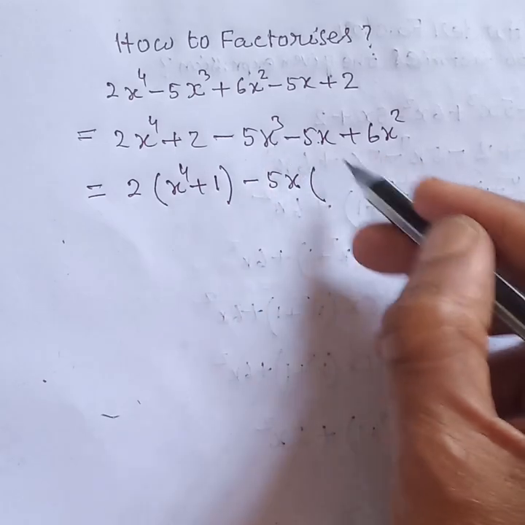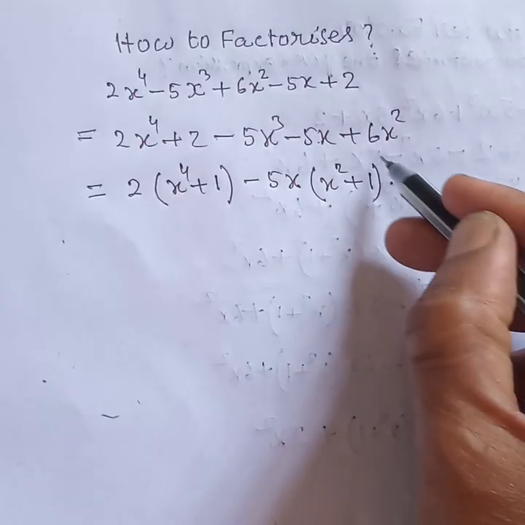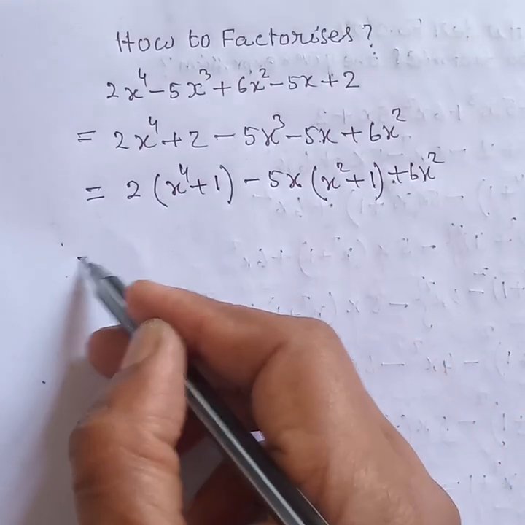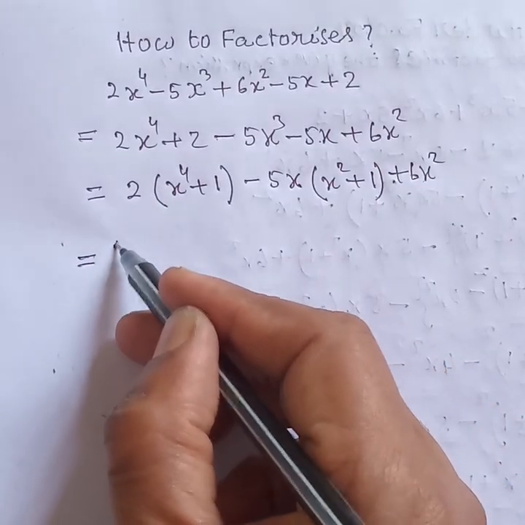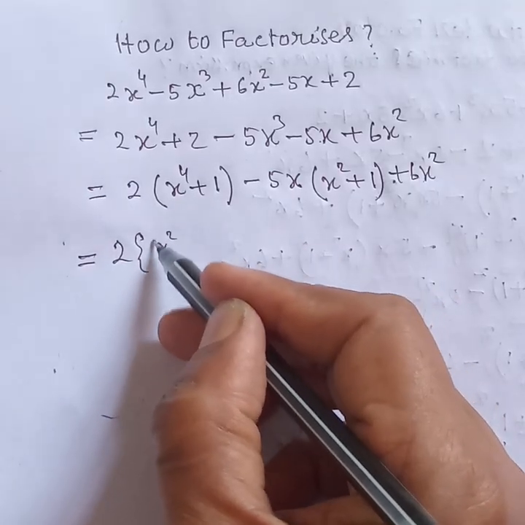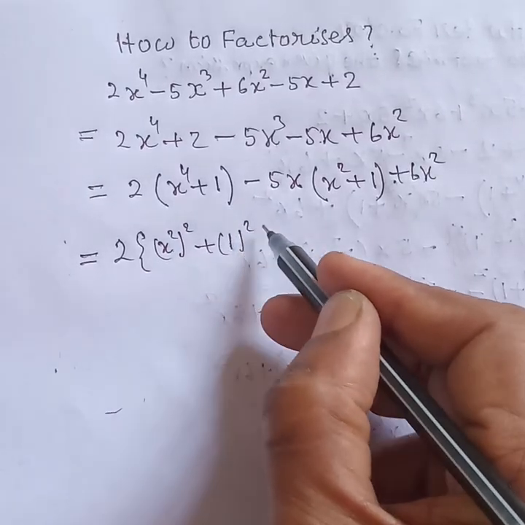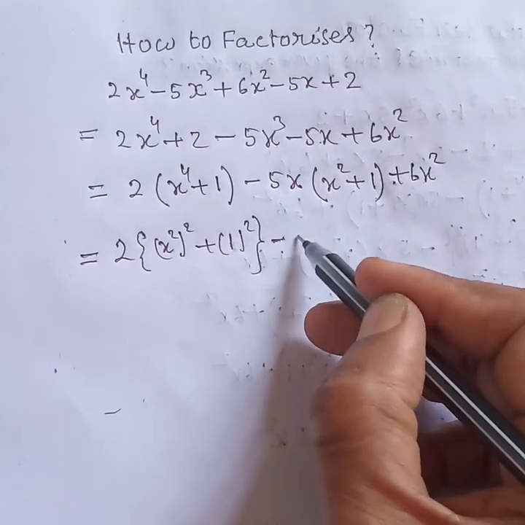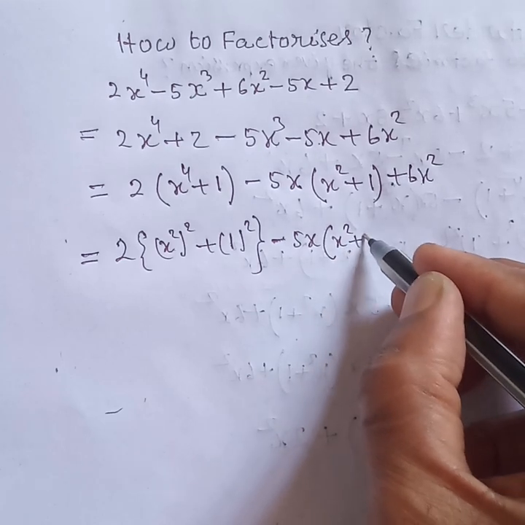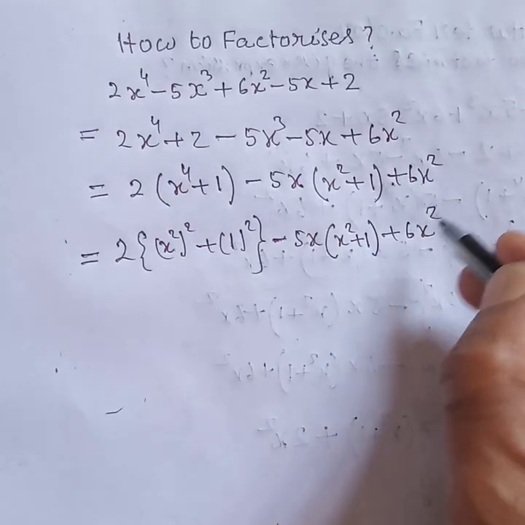Then it will be x square plus 1, plus 6x square, is equal to 2 into x to the power 4, which is x square whole square, plus 1, which is 1 square, minus 5x into x square plus 1, plus 6x square.